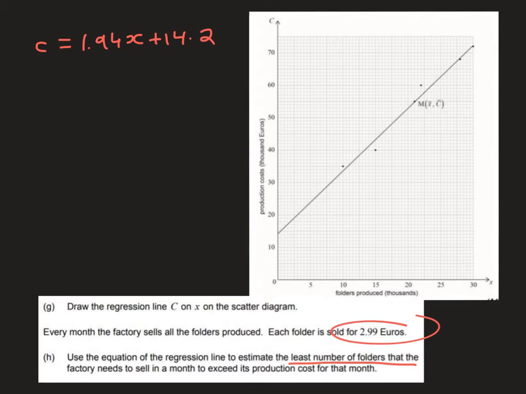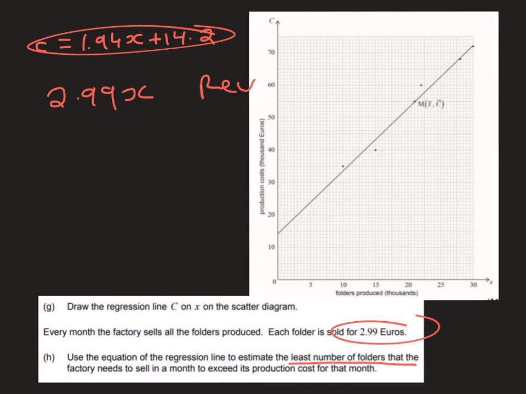So if you think about it, the revenue that it gets each month is going to be the amount it's sold for, so 2.99 multiplied by the number of units it sells, and we're using X to represent that. So that represents the revenue, and we know that the cost, well, this is the cost here, isn't it? So the cost is going to be 1.94 times the number of units it sells plus 14.2.